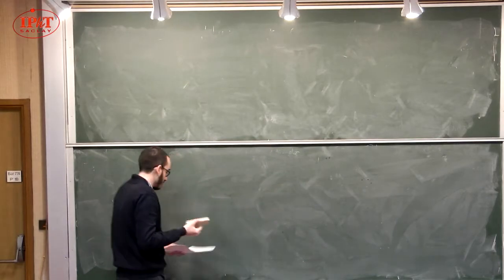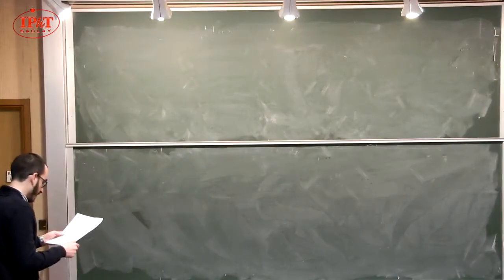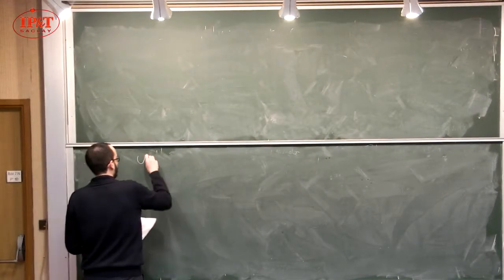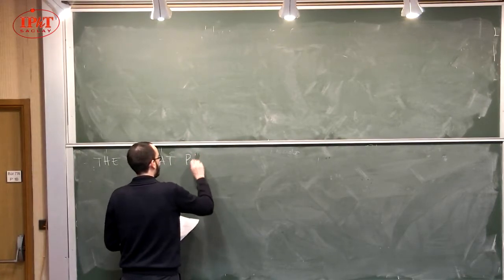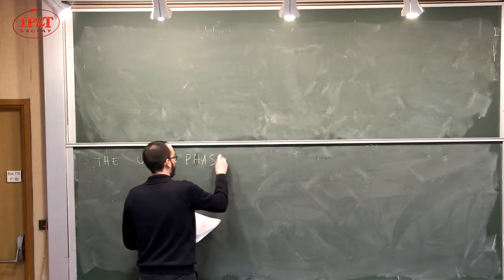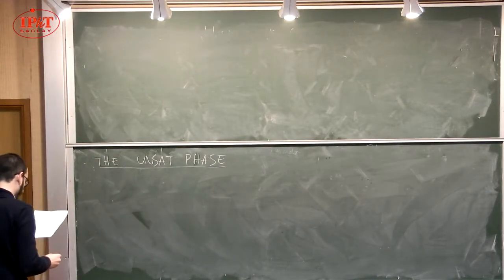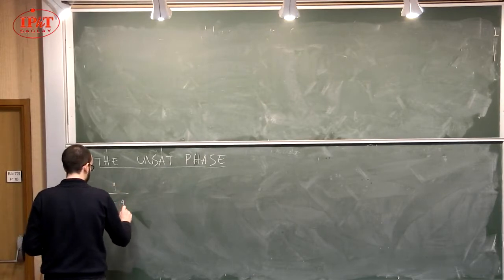Because the Hamiltonian is not symmetric under x going to minus x. So let me say the Unsat phase. Oops. So the saddle point solution that we obtained last time was this one.